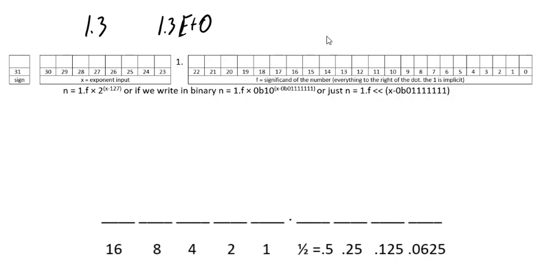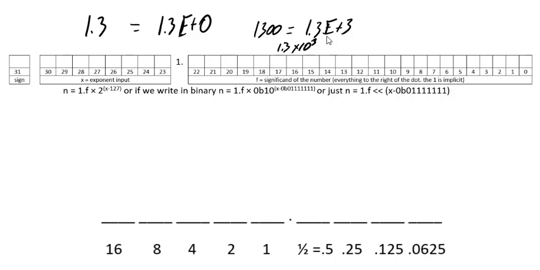Now, if we want to express the number 1300, this equals 1.3 e plus 3. So that is equivalent to 1.3 times 10 to the third. Now, we usually don't do this calculation of 1.3 times 10 to the third. We simply shift the decimal point over to the right 3 places, right? That will get us 1300.